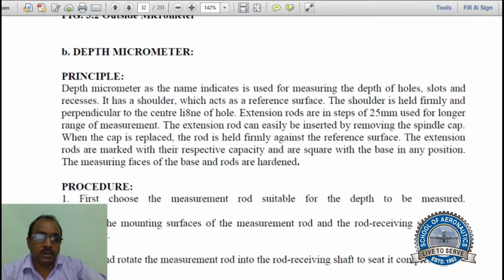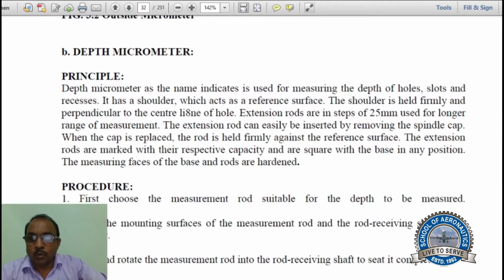Extension rods in steps of 25 mm are used for longer range of measurements. The extension rod can easily be inserted by removing the spindle cap.